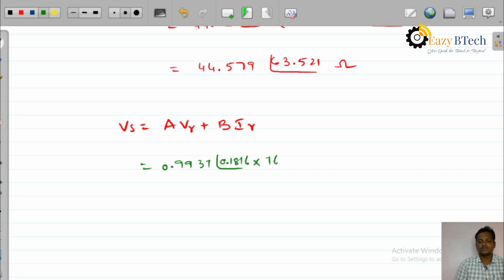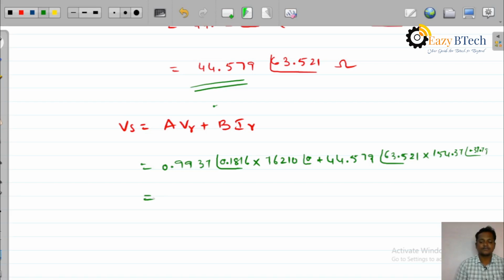VR equals 76210 at an angle 0, plus B, just now calculated, 44.579 at an angle 63.521, into the current, 154.37 at an angle minus 31.79. By multiplying this we get the sending end voltage as 81673.81 at an angle 2.7. This is the value for sending end voltage.